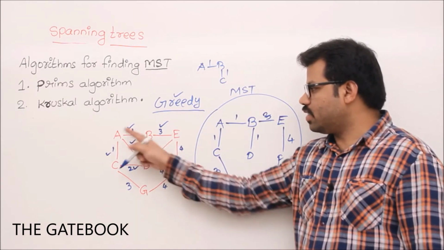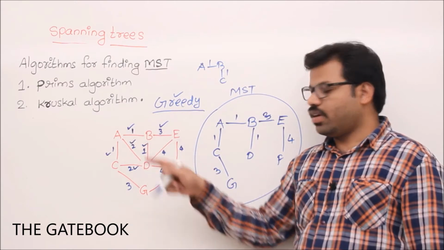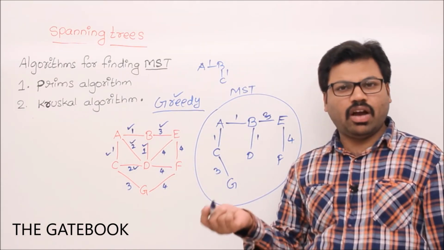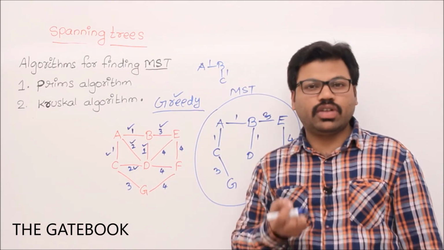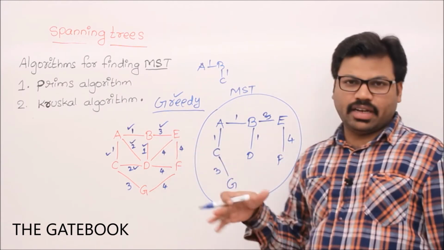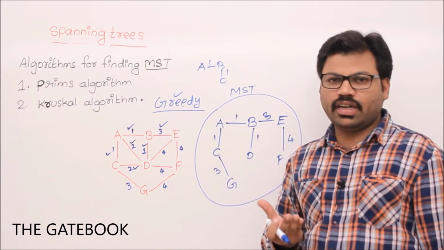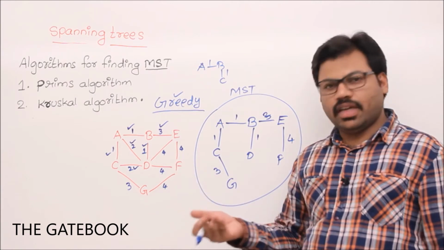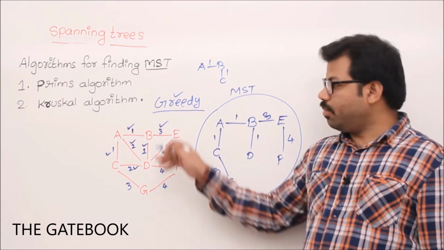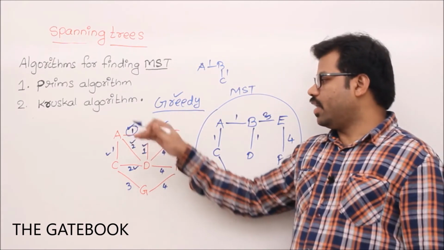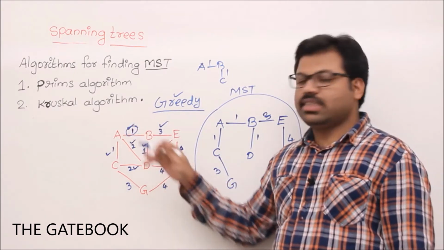For example, you have AB, AC. There are 1 and 1 values, right? Which one to pick? Something we have to decide. Something we have to decide to print one spanning tree generally when executing, correct? So which one will be picked? Anything, but definitely based on the decision you take, either AB can be picked or AC can be picked.